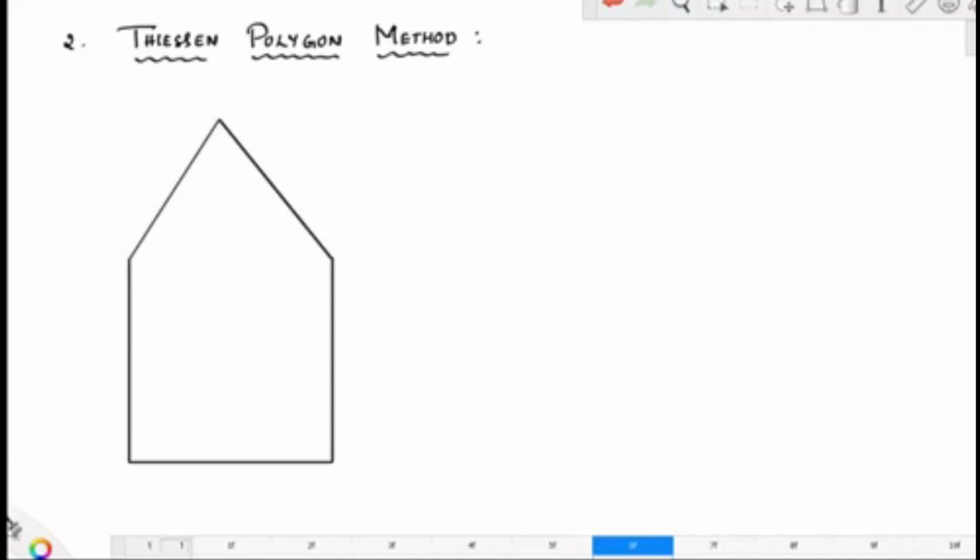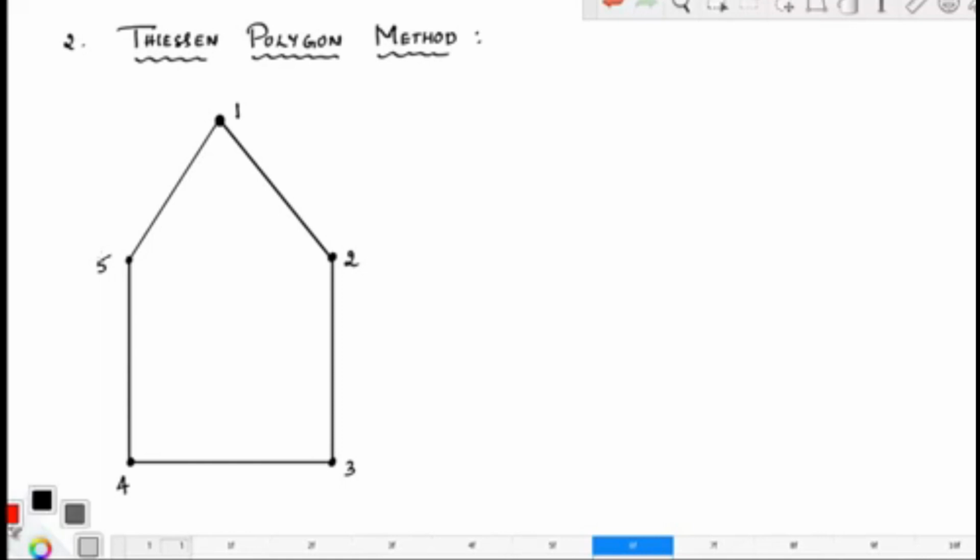Assume that this is a catchment area, which is in the form of a square, plus above that there is an equilateral triangle. There are 5 stations, let me take 1, 2, 3, 4 and 5.